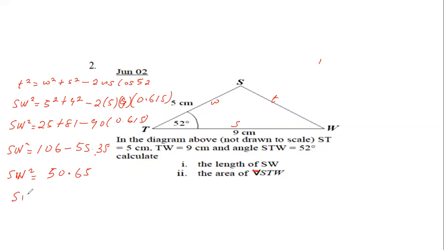Right. So SW equals the square root of 50.65, which equals 7.116. So approximately 7.12.